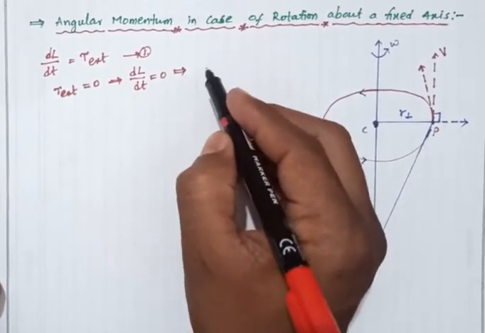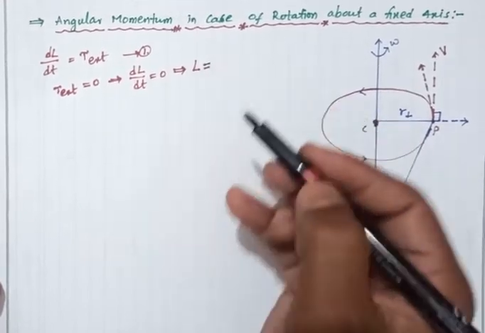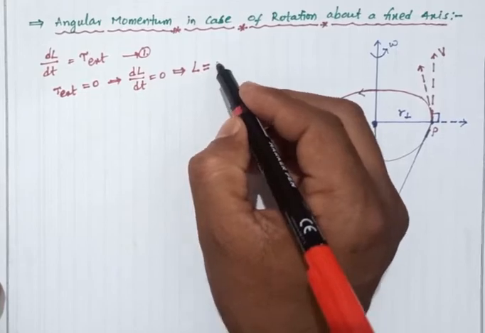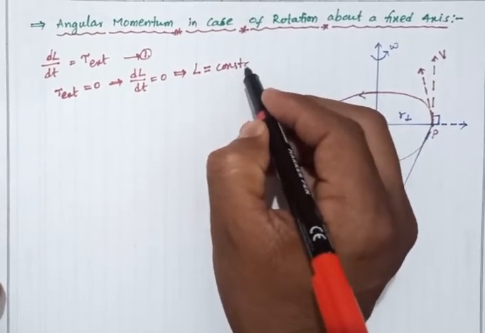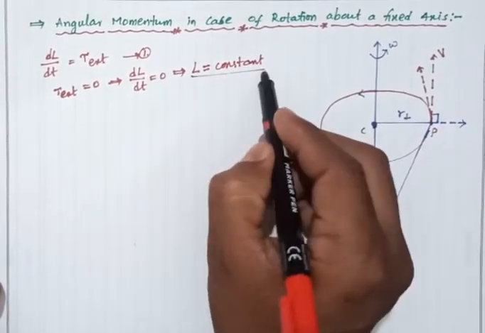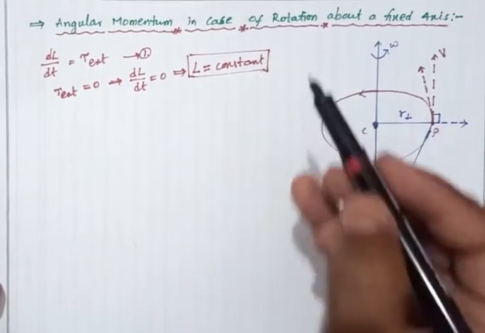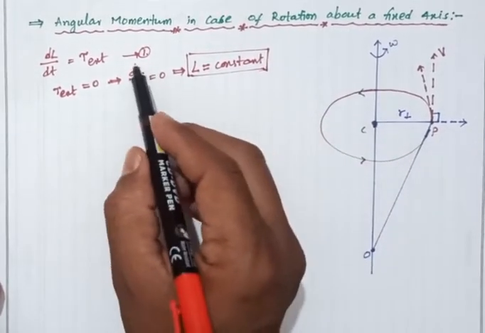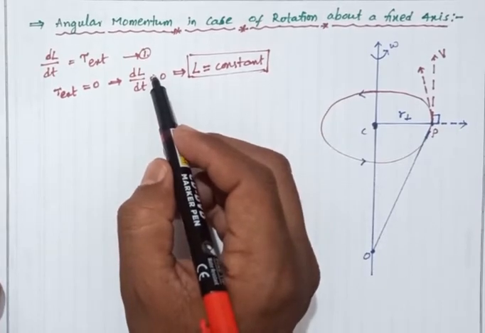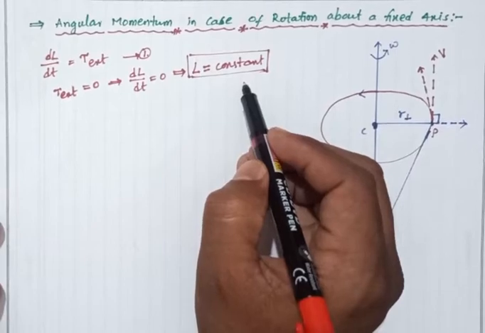So the angular momentum of a system of particles is taken as a constant, that is L equals I omega. So L is constant when the change in the angular momentum is 0. So then L is equal to constant.